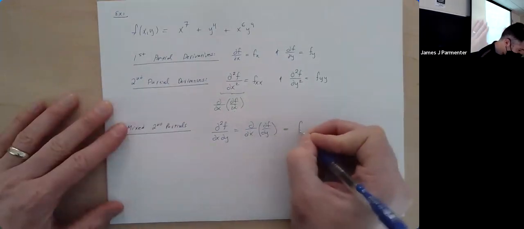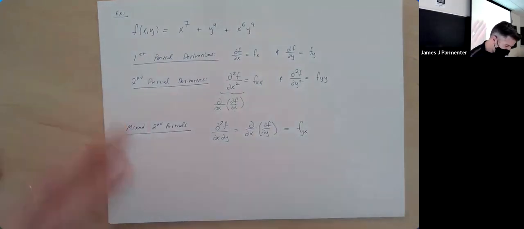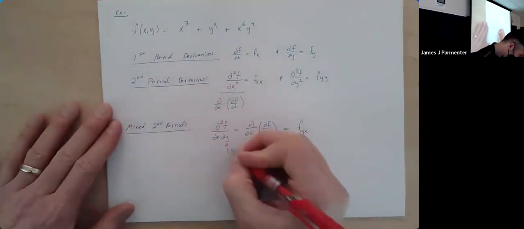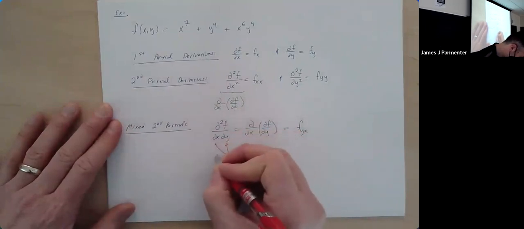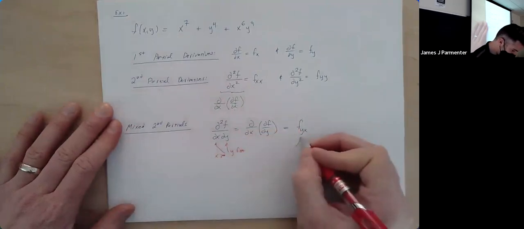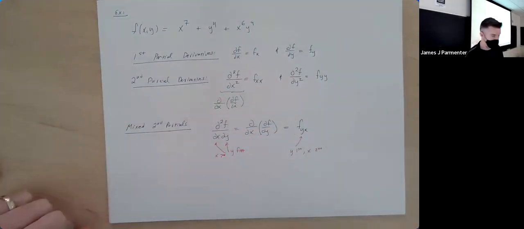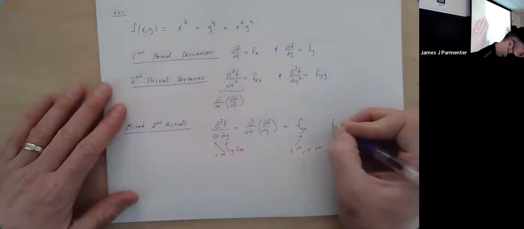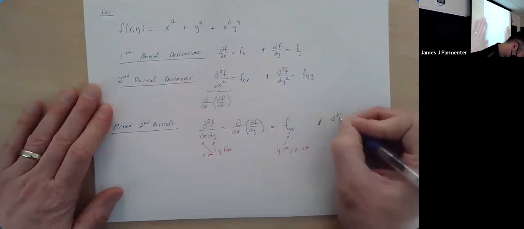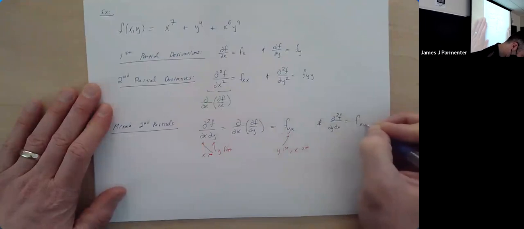We often write this as fyx, right? So this notation here means y first, x second. This means the same thing. Y first, x second. And when I say y first, x second, I'm saying differentiate with respect to y first and then x second. And then, of course, also the other one, del squared f del y del x, which is fxy.